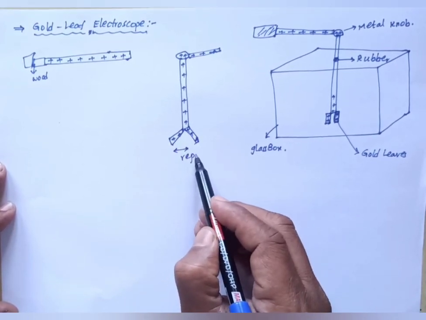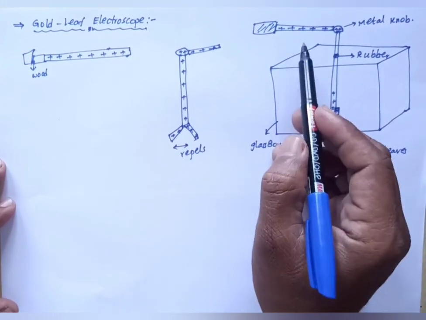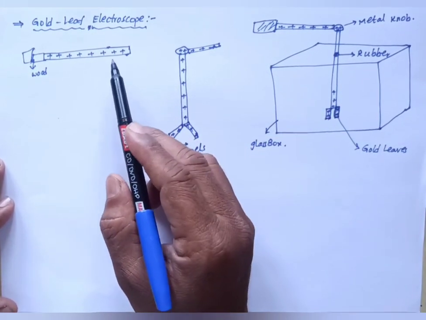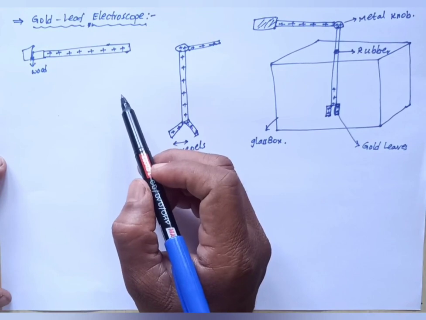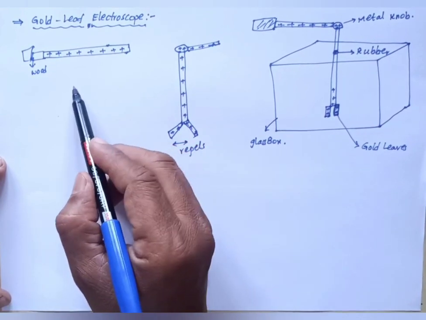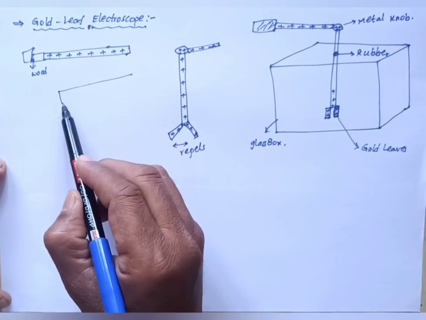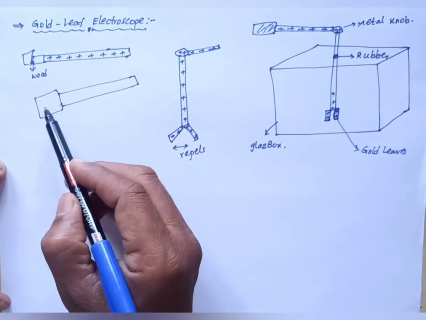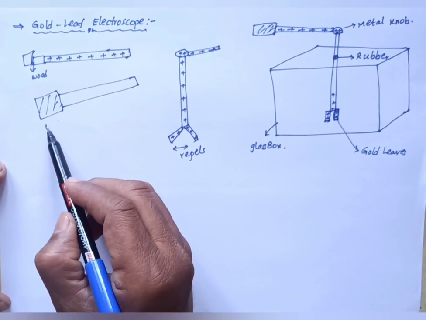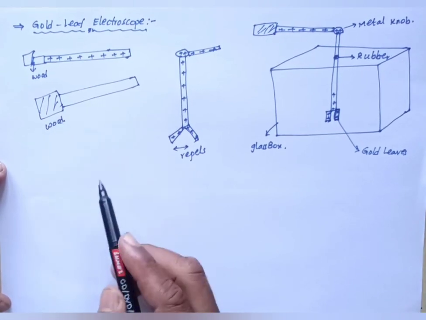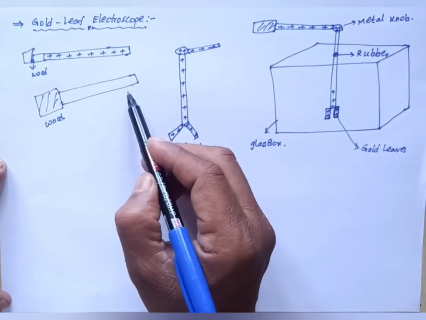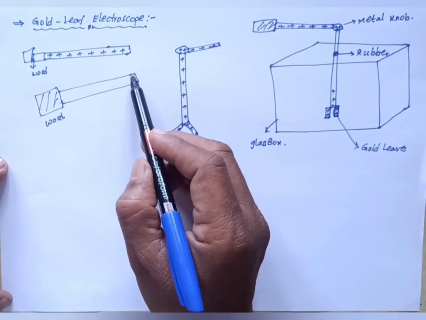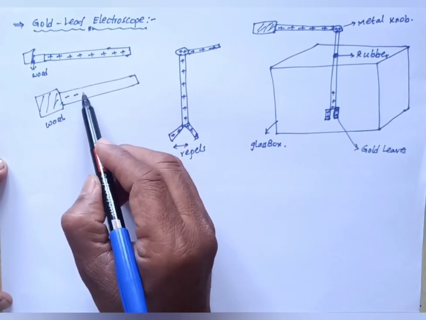Like this, a plastic rod with a wooden handle is rubbed with a cat's fur, and then it is negatively charged.